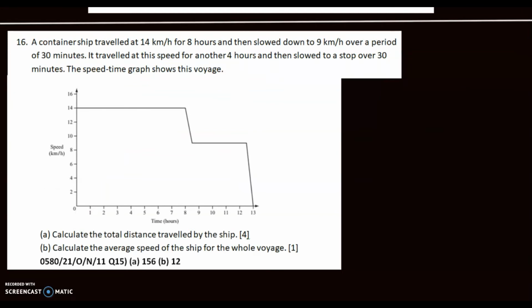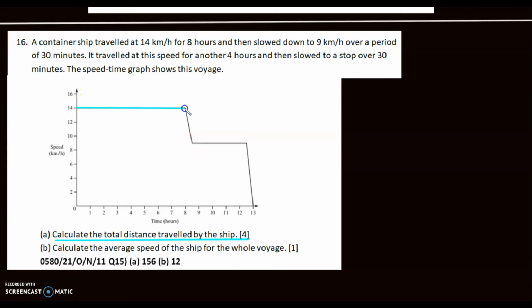Next question. A container ship, blah blah blah. Never mind, let's just directly go to the point. Calculate the total distance traveled by the ship. Total distance is the area under the graph. So I will break this into a trapezium here. Yes, a trapezium here.